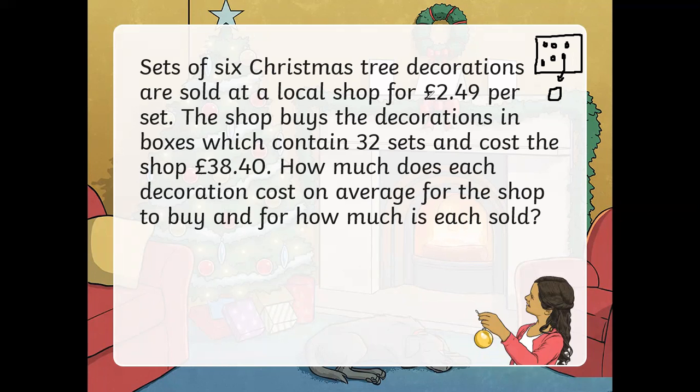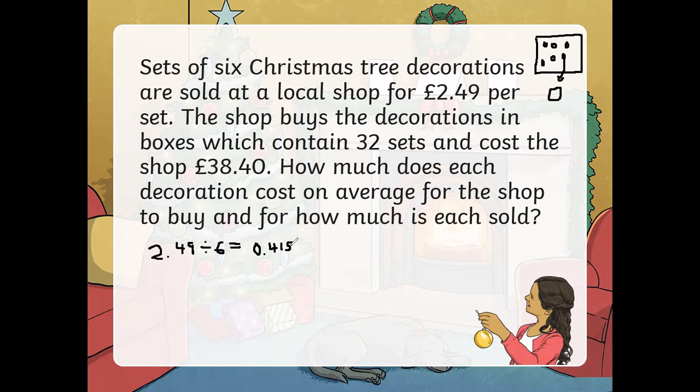So we know that the selling calculation is slightly easier. They sell it at £2.49 for 6 decorations in 1 box or 1 set. And so all we have to do there is 2.49 divided by 6, which is equal to 0.415.